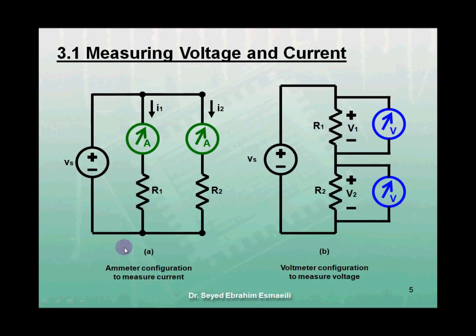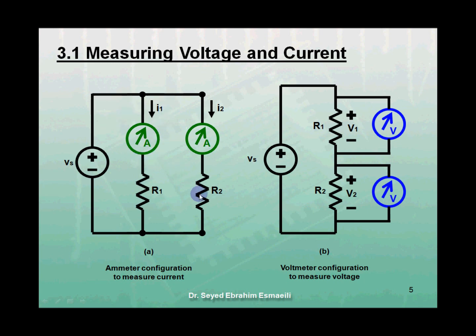The configuration for an ammeter used to measure the current in R1 and R2 is shown in the figure to the left. As shown in the figure, the branch where R1 is placed is cut and an ammeter is placed in series with R1.